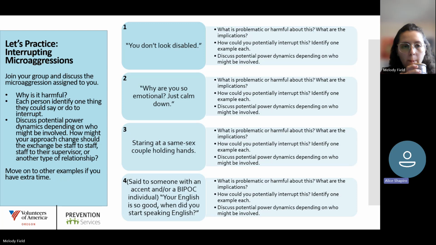And maybe they use a different dialect when they're navigating different waters, let's say. And so we're not giving that person credit either for living in the same neighborhood we do, or for having intelligence enough to be able to switch.